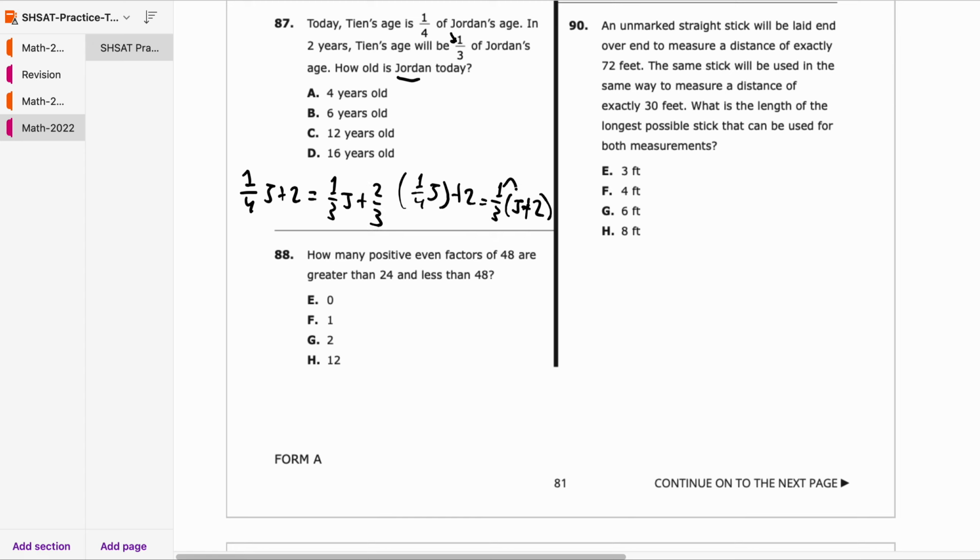I just distributed this out. Okay, and then you can go through the algebra to solve for this. I'm going to take some shortcuts. So it would be D, right? Because we're solving for J. So that's how old Jordan is today.